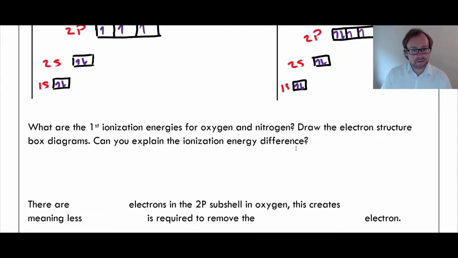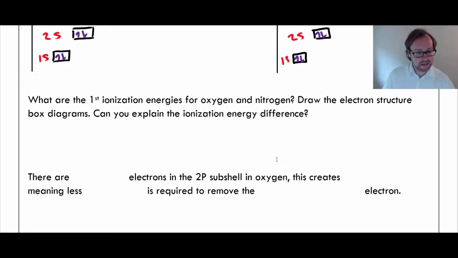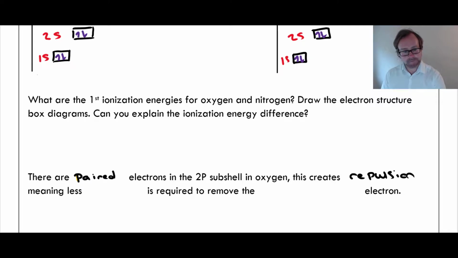So can you explain the ionization energy difference? Well, we could say there are paired electrons in the 2p subshell in oxygen. This creates repulsion, meaning less energy is required to remove the outermost electron.